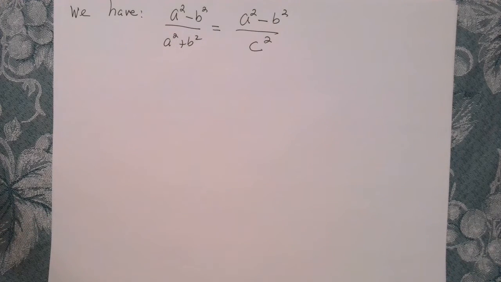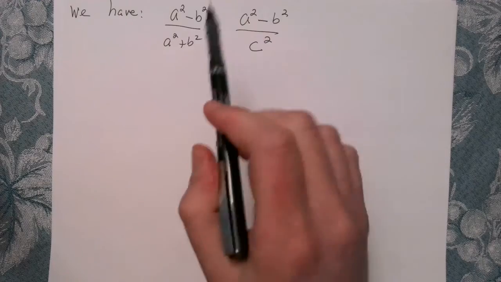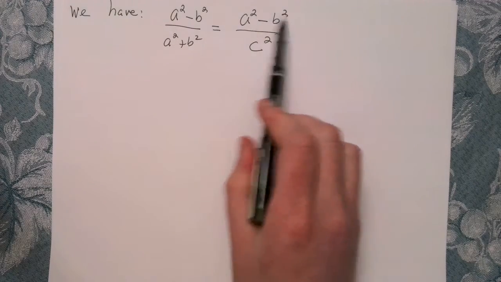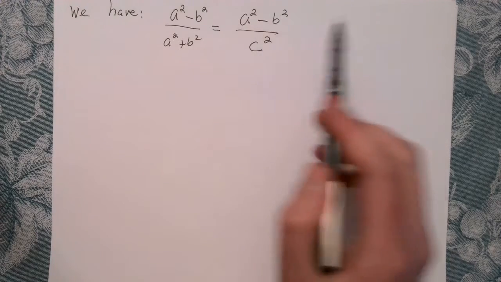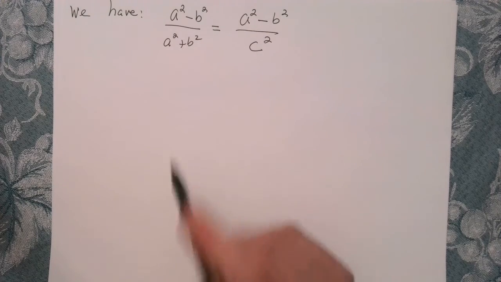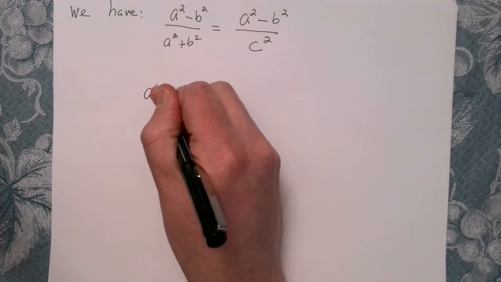Okay, so to solve this, I don't want to divide both sides by this, because I want to be careful not to divide by 0. So instead, let's get everything to one side.